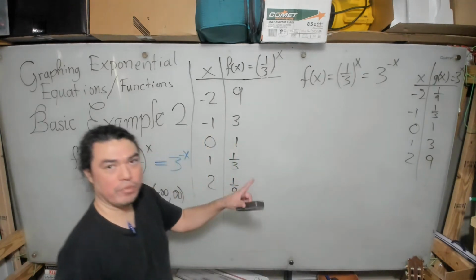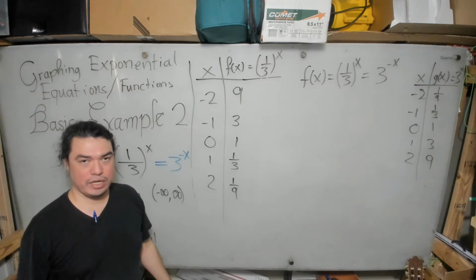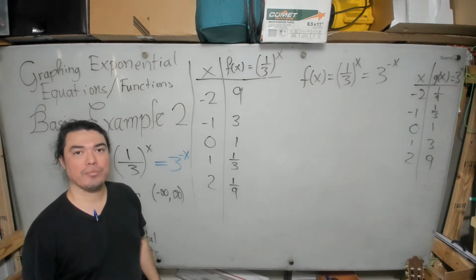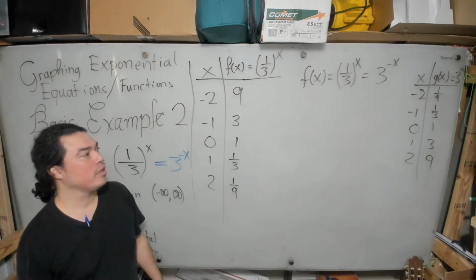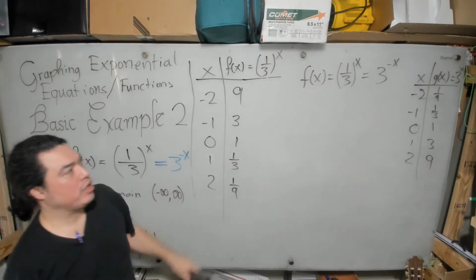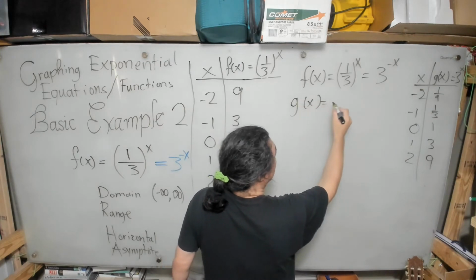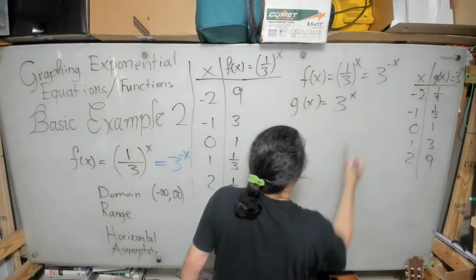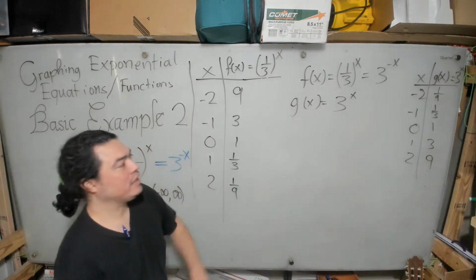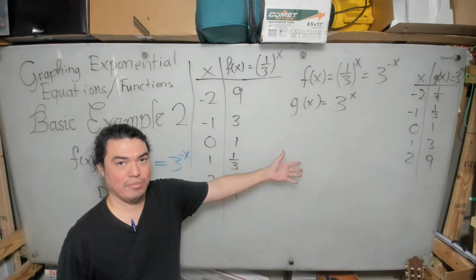If you have 3 raised to the x power, you get that table. And you can do the calculations just like we did in the previous example with 2 to the x. But now I'm going to make my point here. Here on the side I've written g of x is equal to 3 to the x power. And of course we can see that that table has the same kind of behavior that our 2 to the x table had.